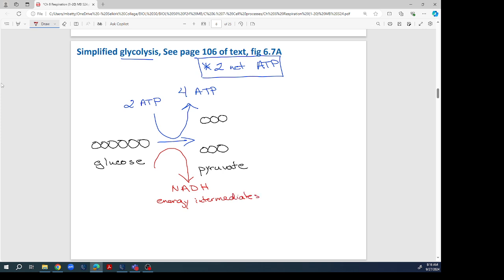Or you could talk about them as electron carriers. And usually that's the one that students like because it gives context to their role in cellular respiration. They're going to hold those electrons that are going to go into the electron transport chain.